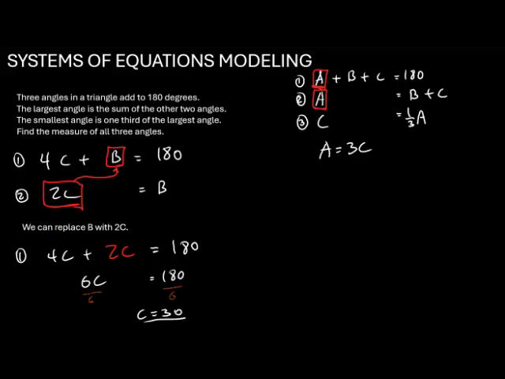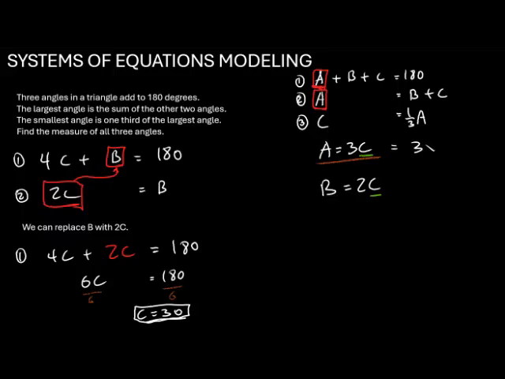Now we know the measure of the smallest angle, and this will help us get the other two angles. We know from our first slide that A is equal to 3C. That's something we carried over from the previous steps. But we now also know that B is equal to 2C. So now let's place our C, which is 30, in both of these underlined green positions.